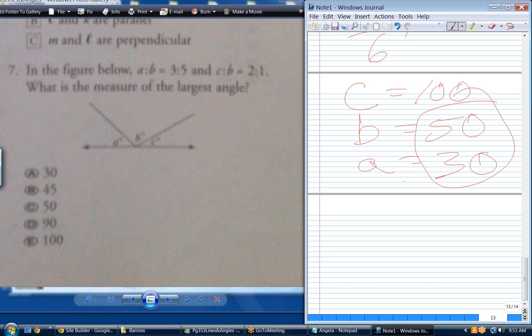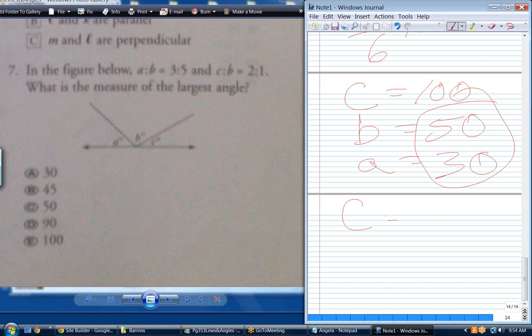And if 100 would not have worked, let's just see what happens. Make sure you see what happens if we pick the wrong answer. It doesn't take too long from this to know that C has to be the biggest angle. Even if you start off thinking B is the biggest angle, you're immediately proven wrong as soon as you see that relationship there.